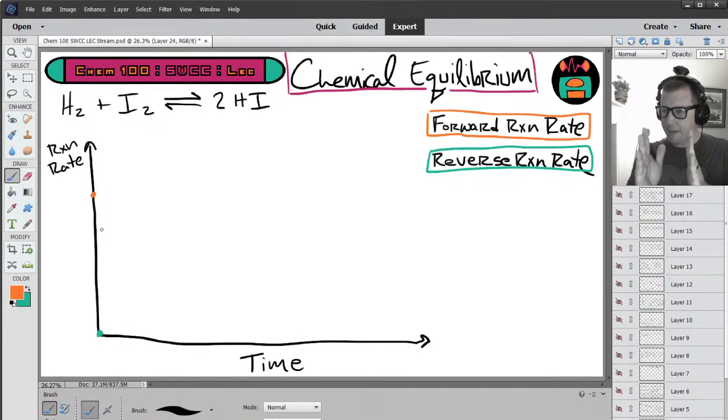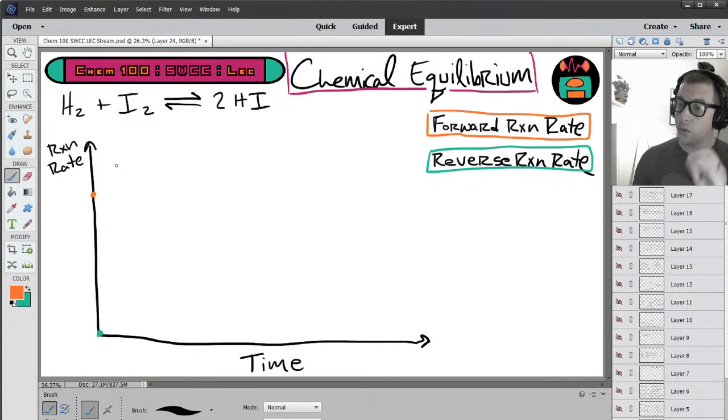Now let's say a little bit of time has passed. Think with me, we're doing a thought experiment here. After a little bit of time, the concentration of H2 and I2 has decreased. It's decreased because they've reacted and become HI. Since H2 and I2 have reacted away, their concentrations have decreased, and at a lower concentration, you're going to have a lower reaction rate.